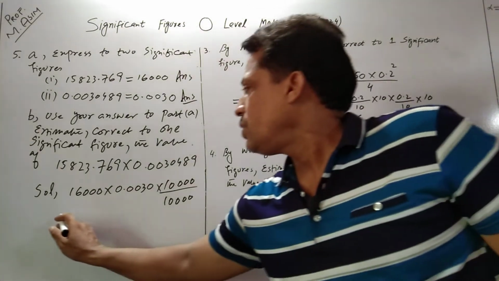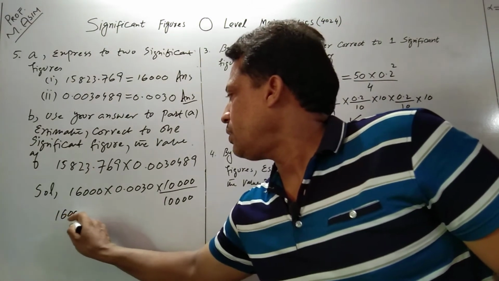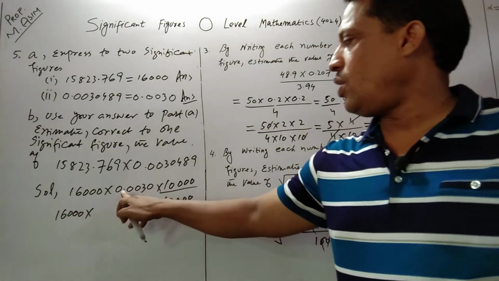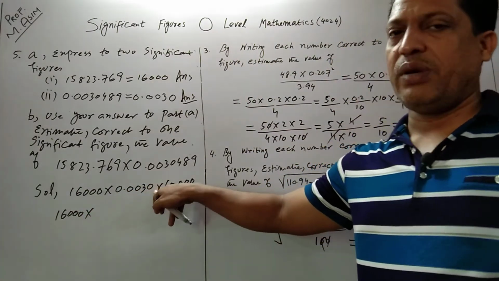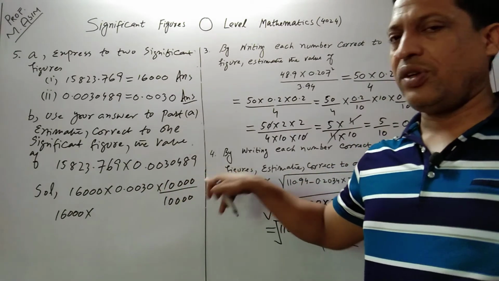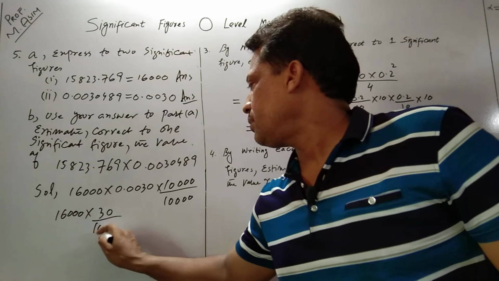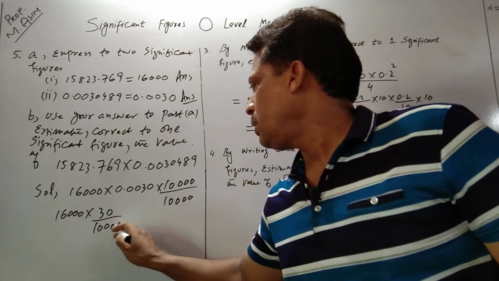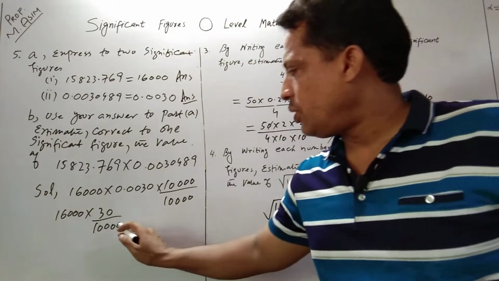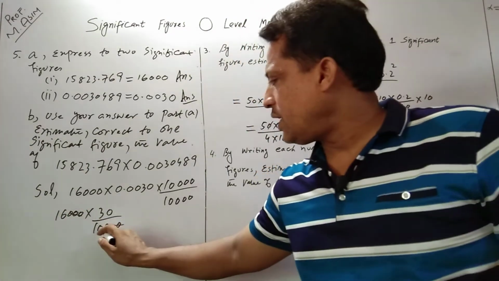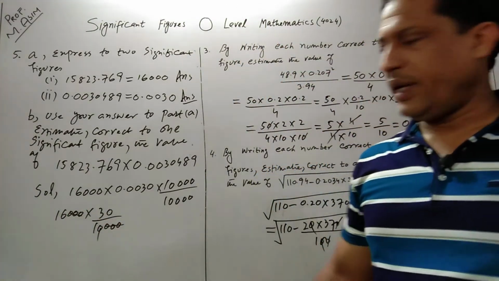Now 16,000 multiplied by 0.0030 multiplied by 10,000 becomes 30, divided by 10,000. So these 30 cancel by these 30 and this 0 cancels by this 0.